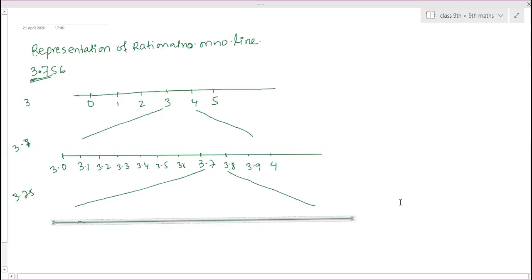We have to show the number line which shows the numbers from 3.71, 3.72, 3.73, 3.74, 3.75, 3.76, 3.77, 3.78, 3.79, 3.80. So now the numbers between 3.7 and 3.8 have been magnified.